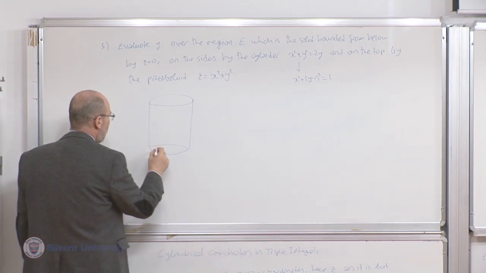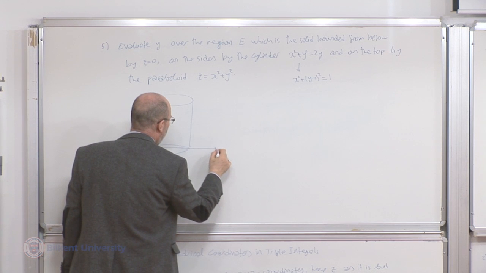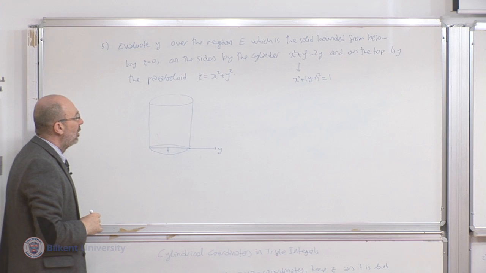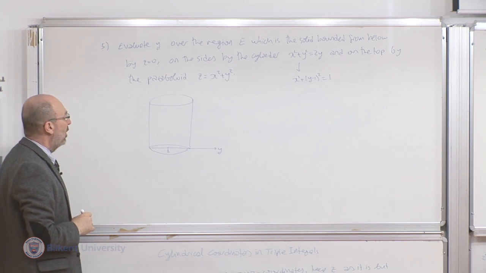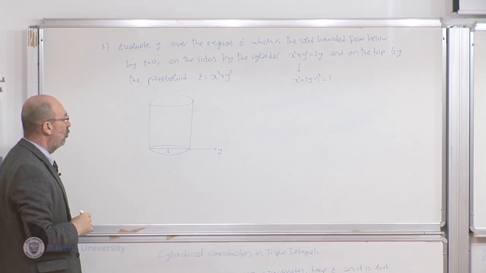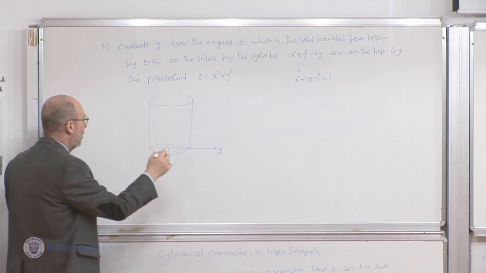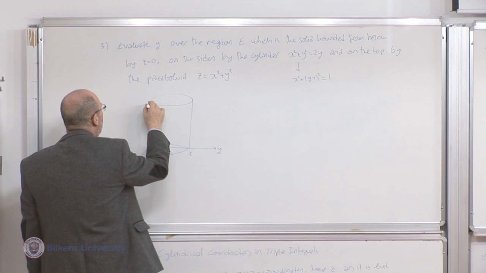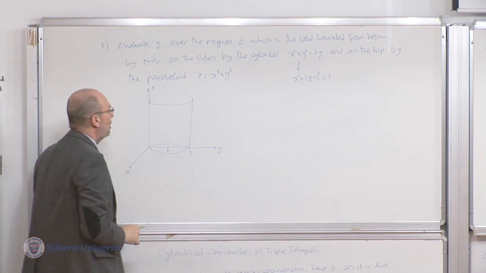So the center is here on the y-axis. This is 1. When x is equal to 0, y must be 2, so that both sides will be 1. So this is 2. This is the x-axis. And this is the z-axis.